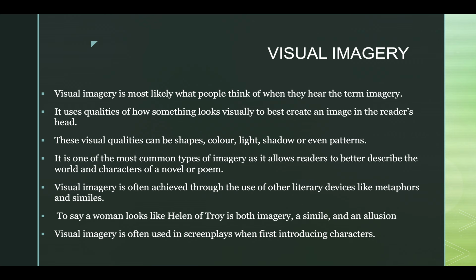And if you're said to look like Helen of Troy, a comparison is being made between the individual and Helen of Troy. And if you know the characteristics of Helen of Troy, you'll know what the individual is like. But an image was created based on what was being said.